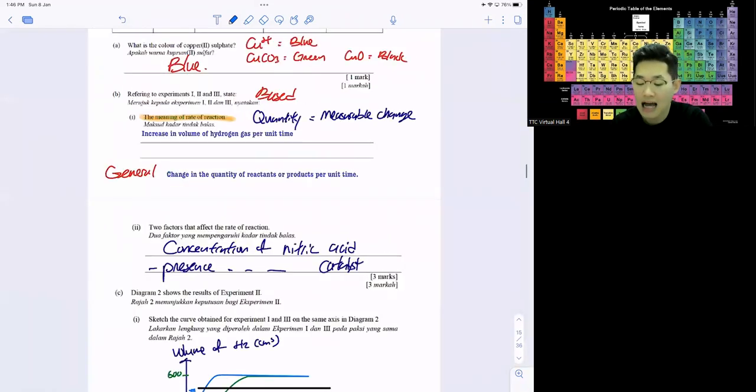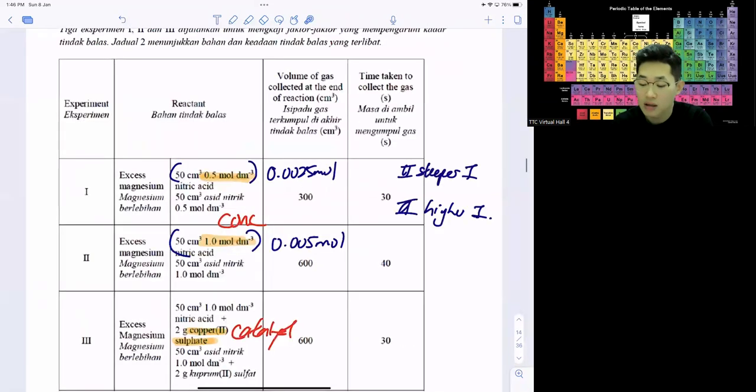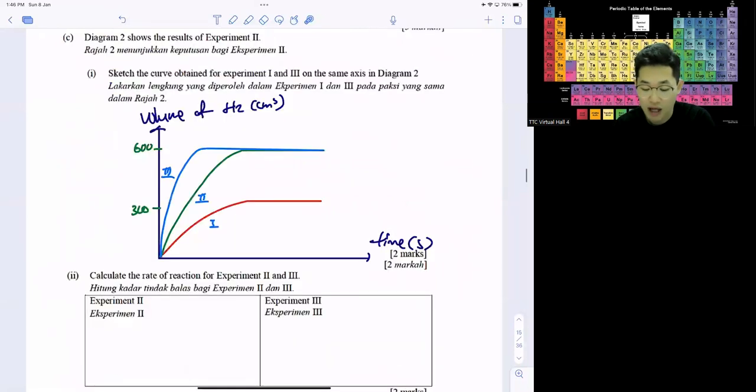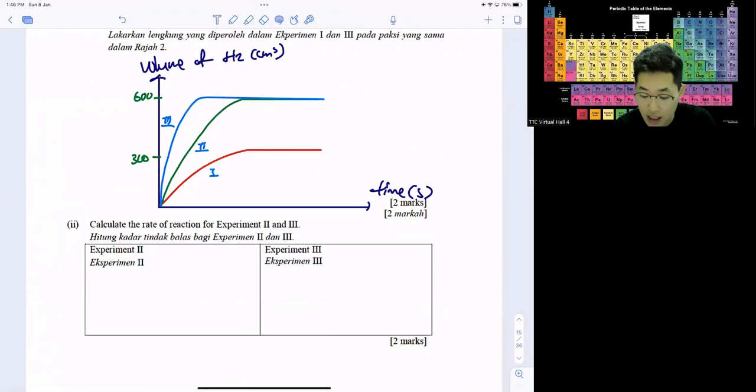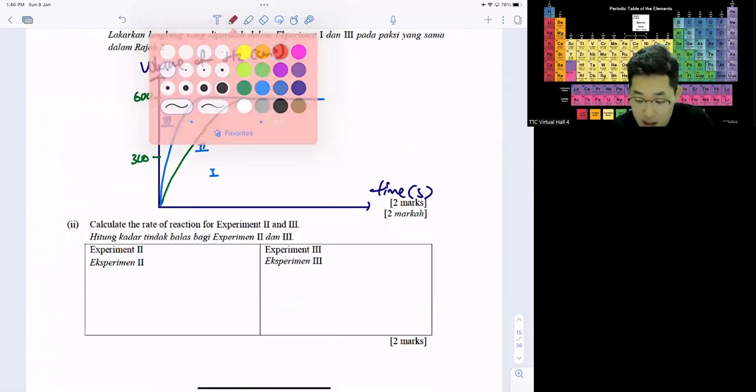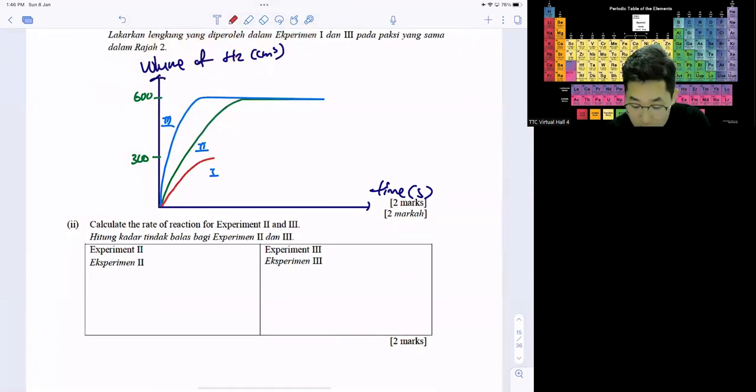And then because time is also given, the time taken to complete the reaction: 30 seconds, 40 seconds, 30 seconds. Then we have to go like this. 30 seconds, that means we have to end a bit earlier here. Almost the same as experiment 3.